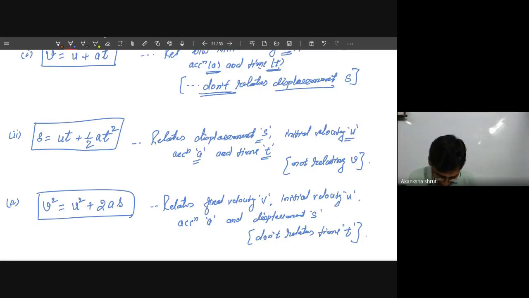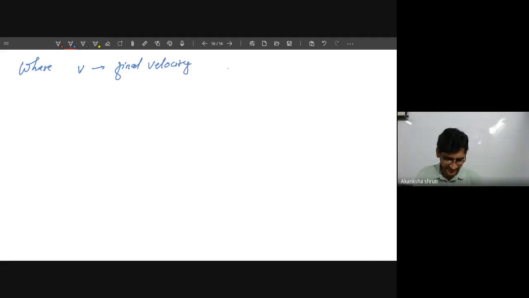Student, you have to keep in mind what the denotations are. You have to write what the symbol means. The symbol v means our final velocity. The symbol u means our initial velocity. What is our initial velocity?